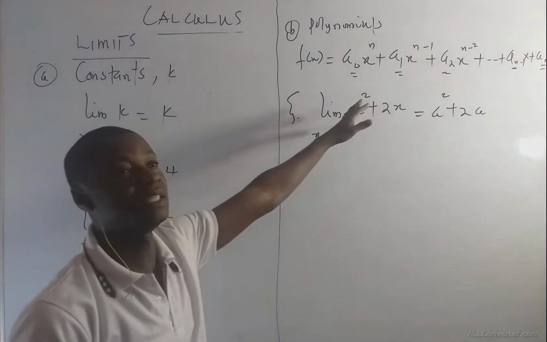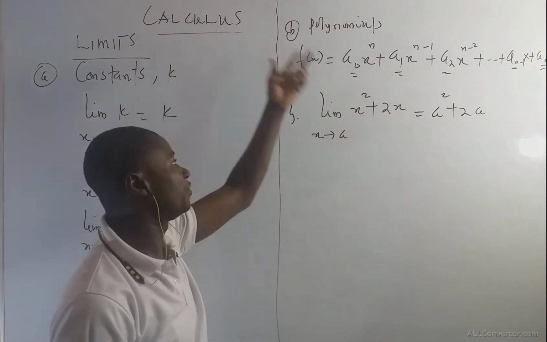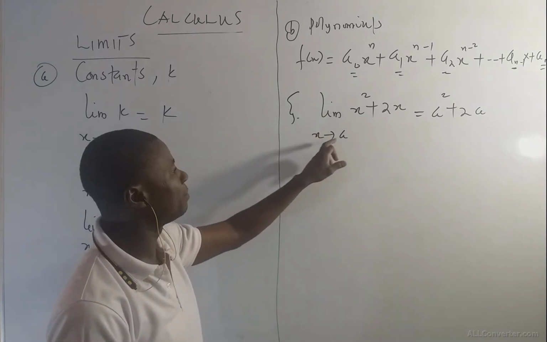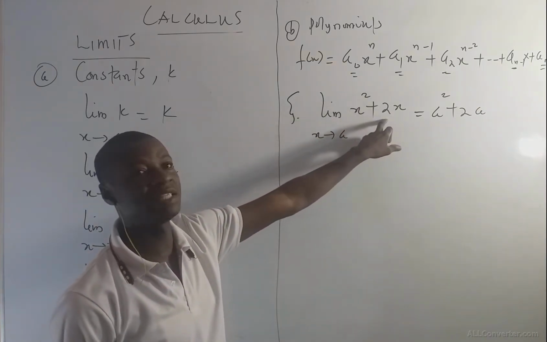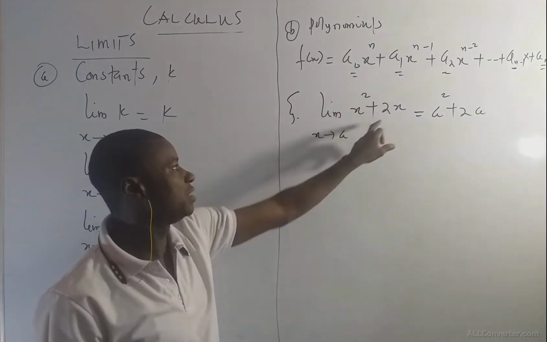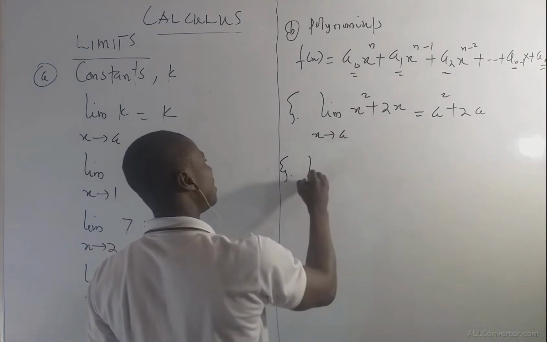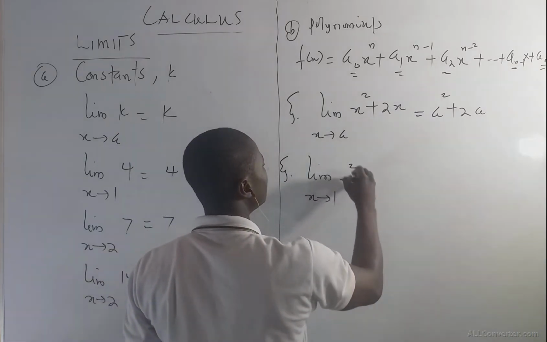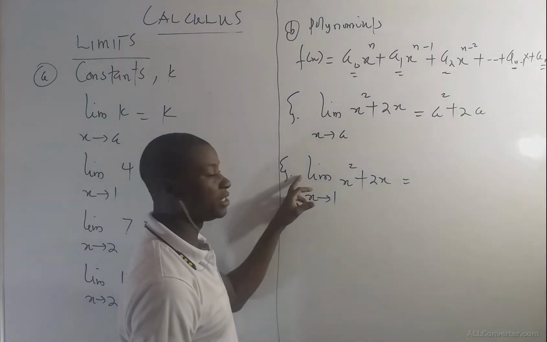So that is how we find the limit of polynomial functions. Wherever you see x or the variable, you substitute that by the number you are given. For example, if you have the limit as x approaches 1 of the same function, x squared plus 2x, when you start the substitution, the limit is not seen again.